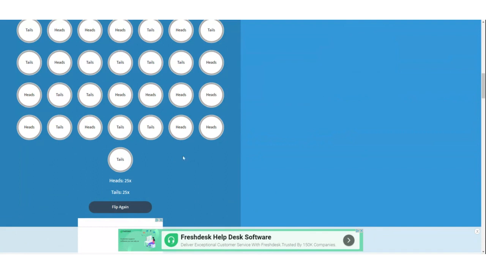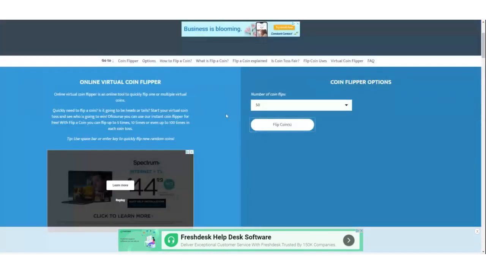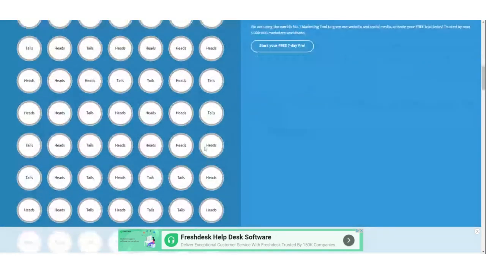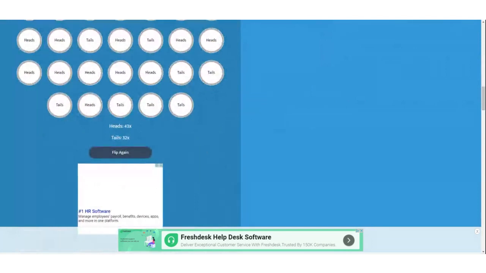Let's do it a couple more times. We're going to do one for 75. And they tell us that there are 43 out of the 75, which is 0.57. So it's less than 0.6 now.